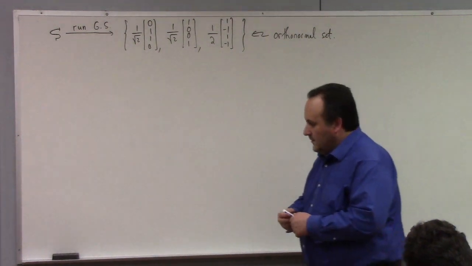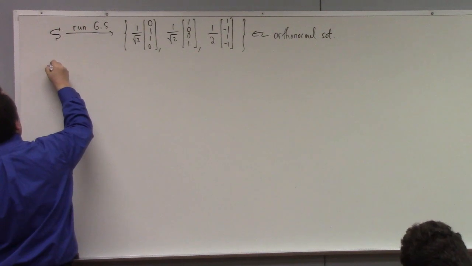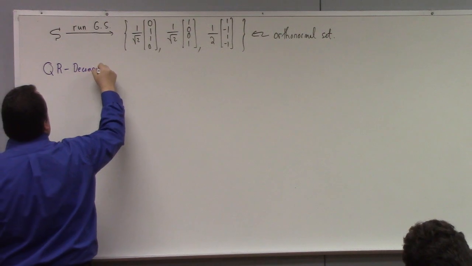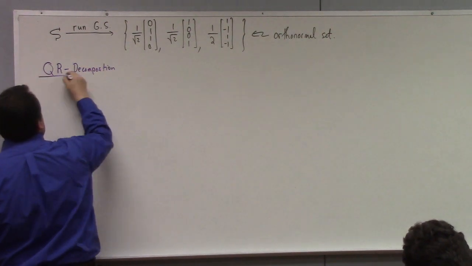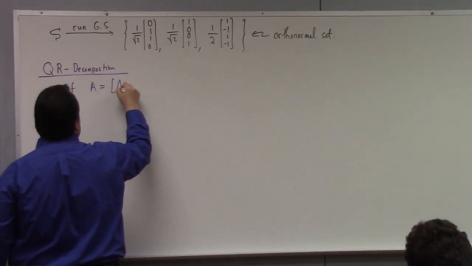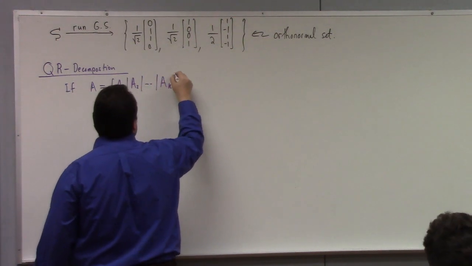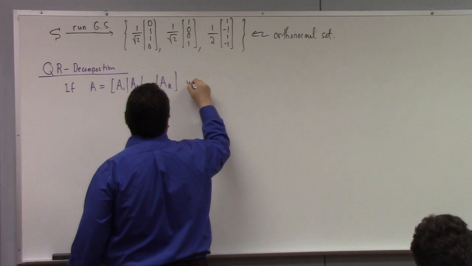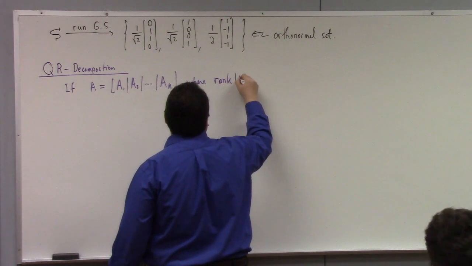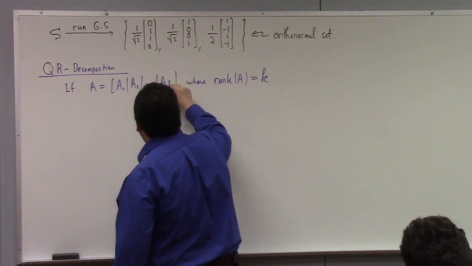Now, let's talk about the QR decomposition. So here's how it goes. If A is equal to, let's say, A1, A2, dot, dot, dot, AK, where the rank of A is equal to K. So what am I saying?